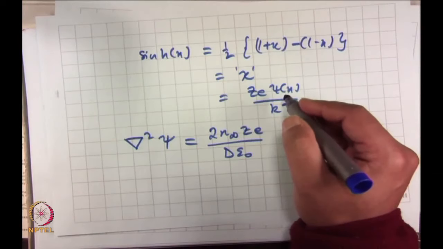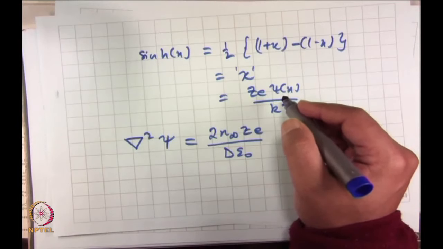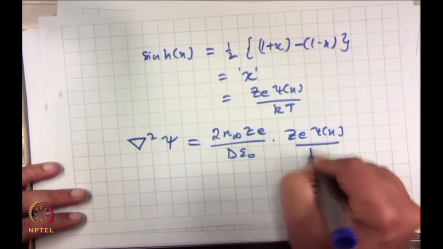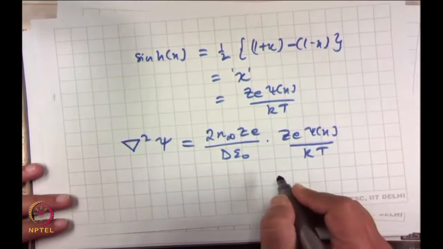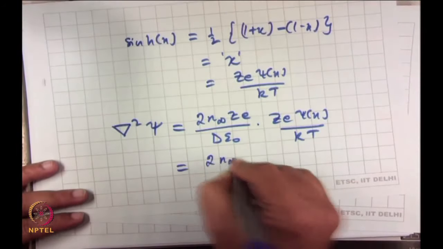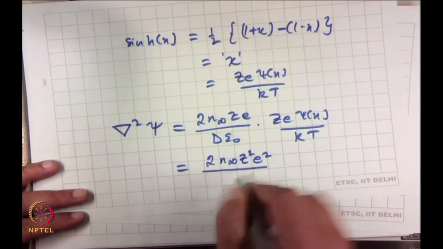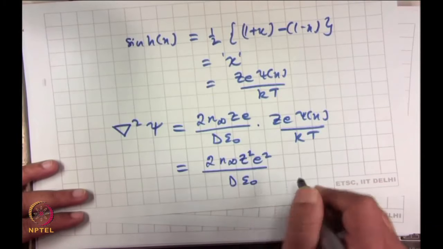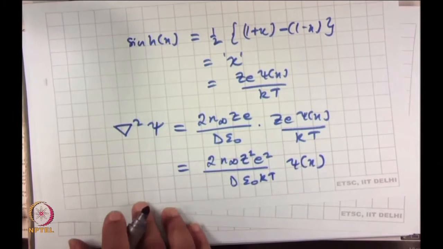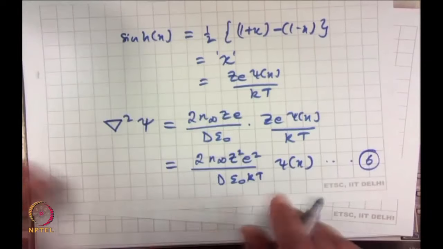Now, this whole hyperbolic sinh of x gets replaced by only x, that means times Z e psi of x over k T. To simplify it, I get 2 n infinity Z squared e squared over epsilon 0 k T times psi of x. So, this should be equation number 6, I guess.